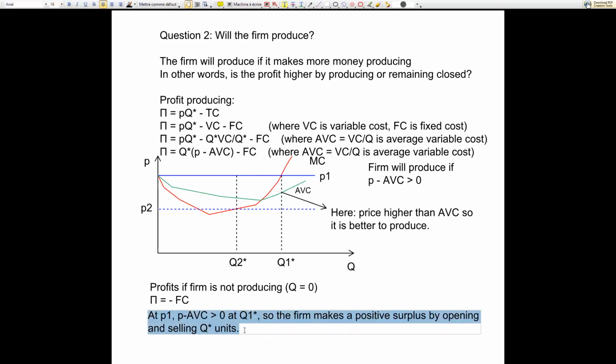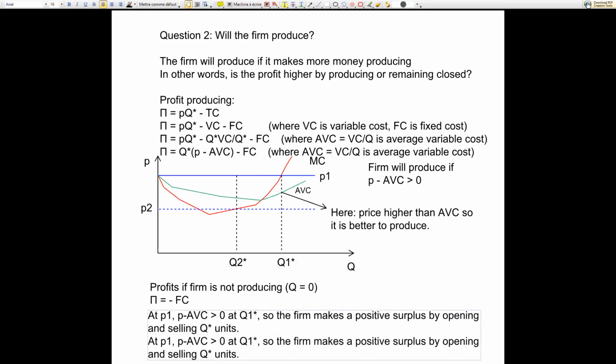And what do we see? Well, at P2, P minus average variable cost: price is there, average variable cost is here, so it's negative. P minus AVC is smaller than 0 at Q2 star.